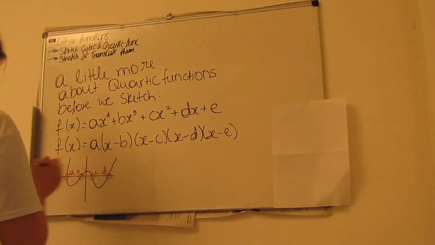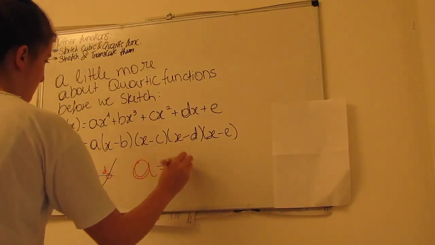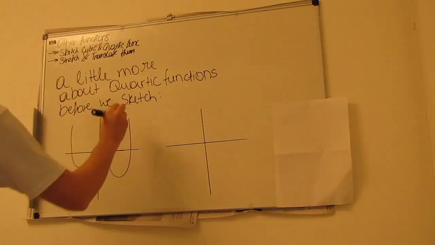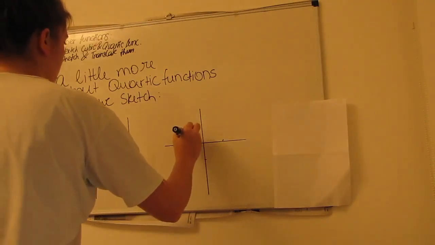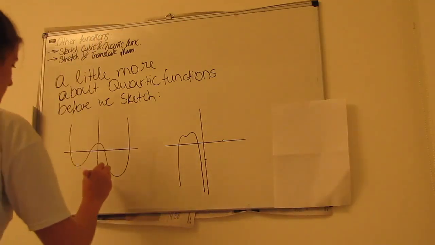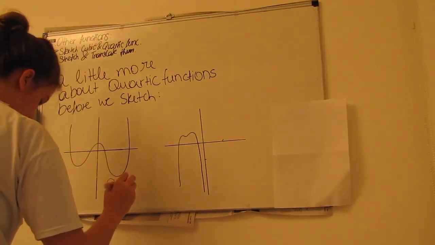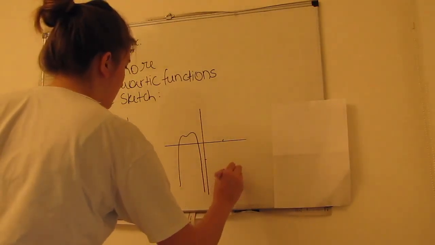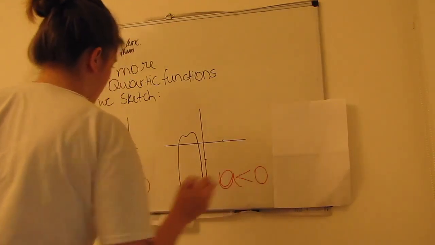And a can't be 0, or else it just turns into a cubic function. As with the cubic function, it is important to understand what alters the big shape of this quartic function. Basically, when a is bigger than 0, it will go from a positive to a positive, and when a is smaller than 0, it will go from a negative to a negative.